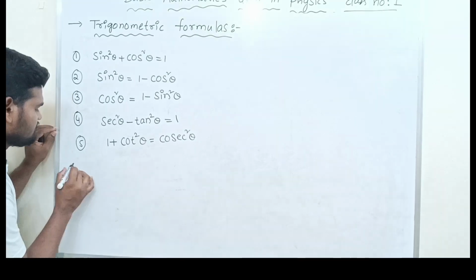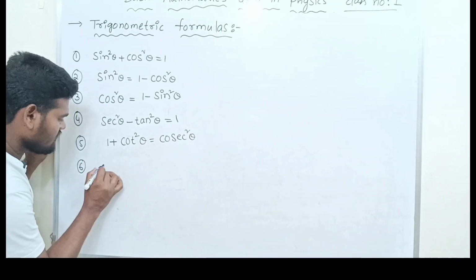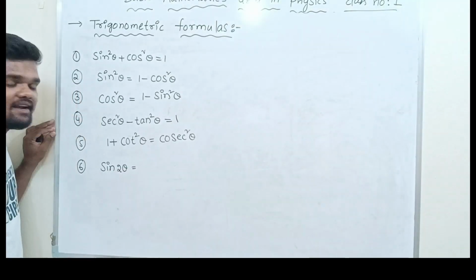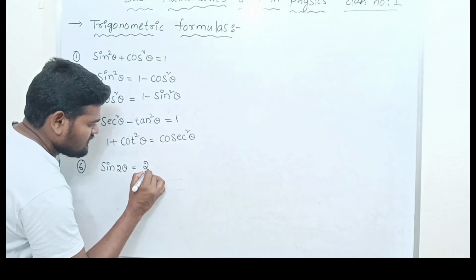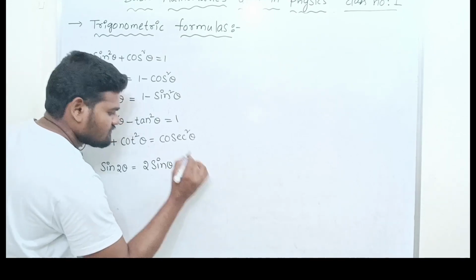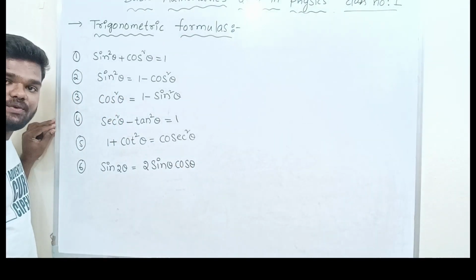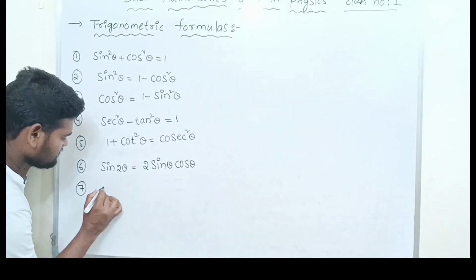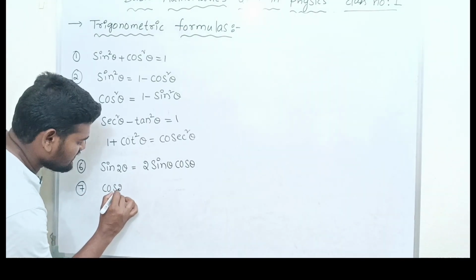Sixth one, sin 2 theta. We can write sin 2 theta is equal to 2 sin theta cos theta. Next, seventh one, cos 2 theta.